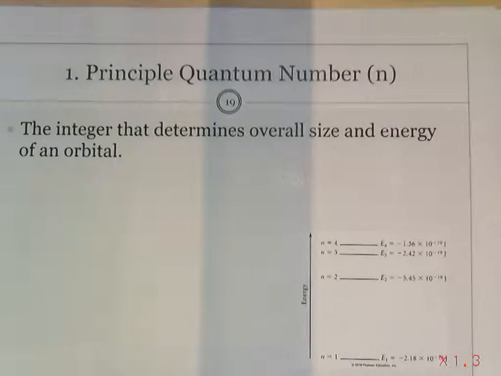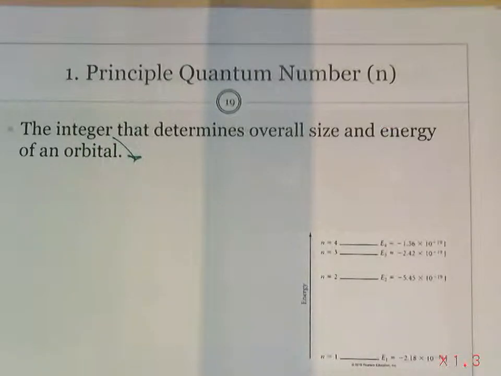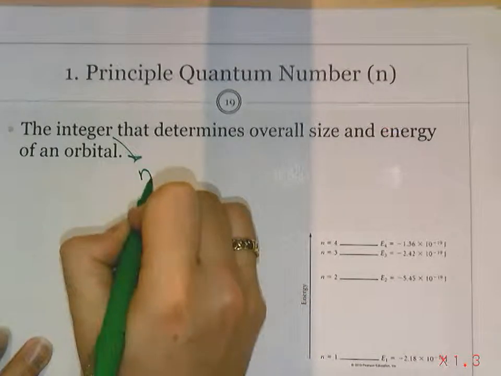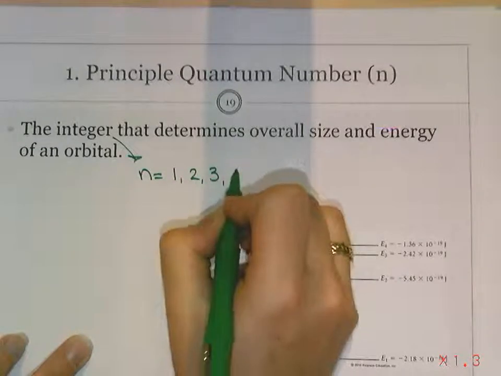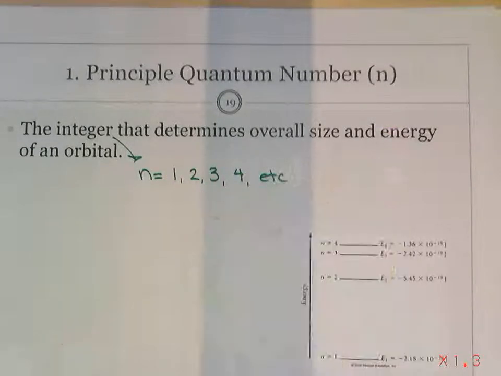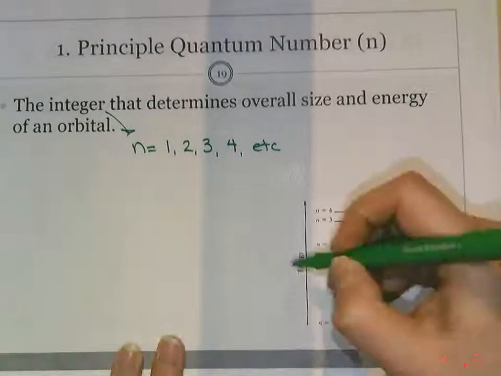So when I say an integer, does everybody know what I mean by an integer? It's a whole number, right? 1 or 2 or 3 or 4. So here I have a little plot where this is energy, increasing going that way.